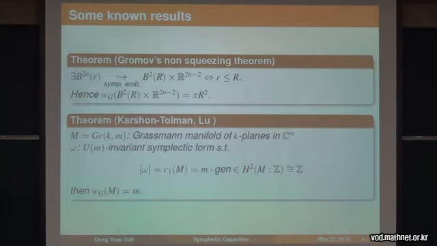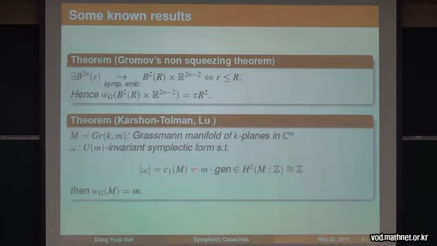Now, the terminology Gromov width was introduced by these two people, Karshon and Tolman, and independently by Lu. I don't know whether this person is Liu or Lu, but anyway, M is a Grassmannian manifold of k-planes in C^m. So in complex m-dimensional space, you consider the collection of all complex k-dimensional subspaces, and this is called the Grassmannian manifold.